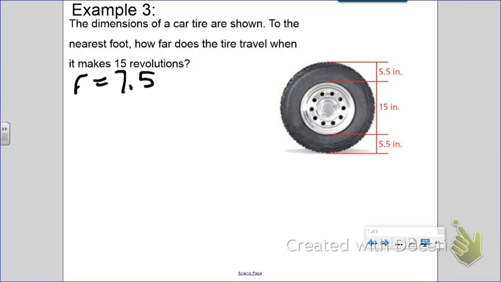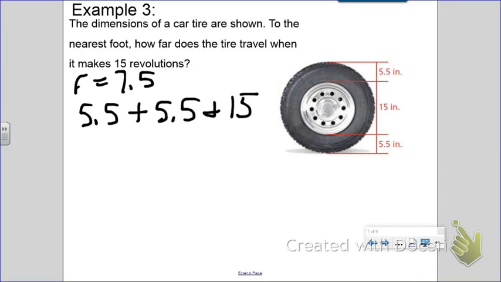So if we add the 15 plus the 5.5 plus the 5.5, that would be 26.